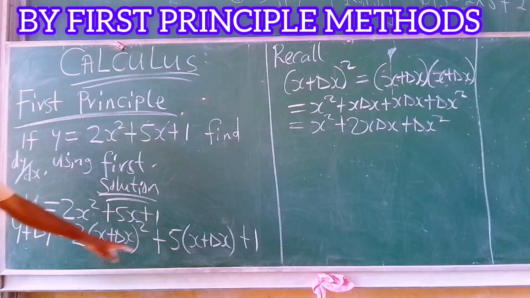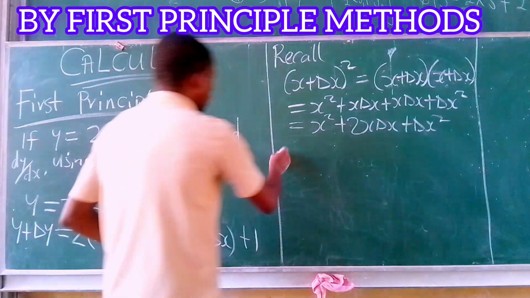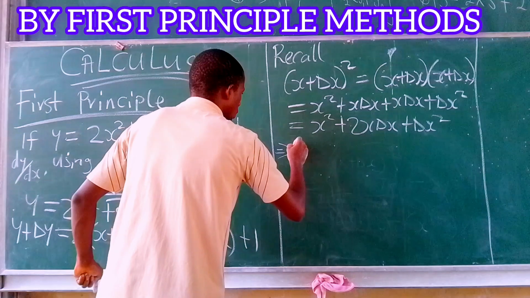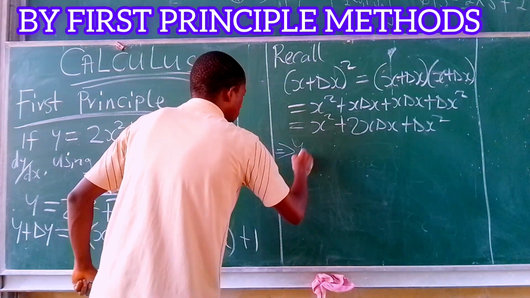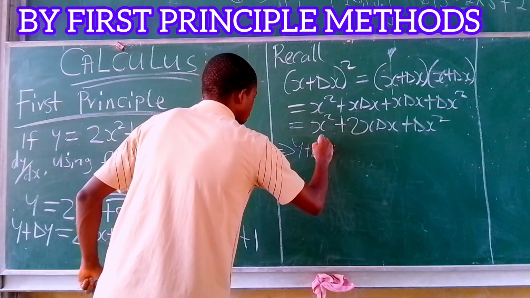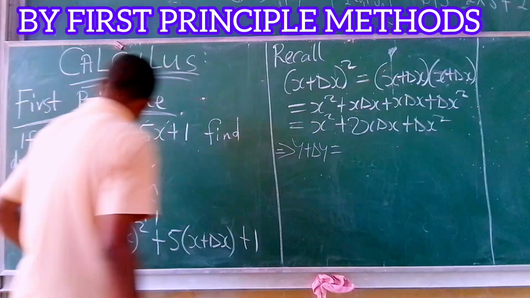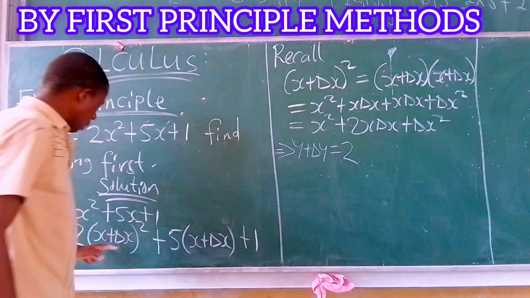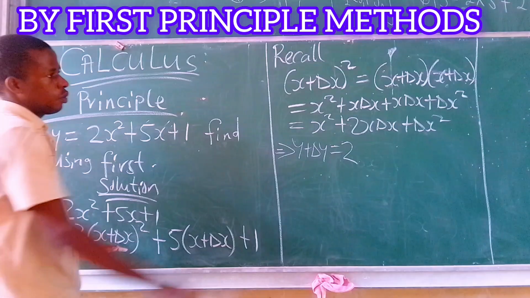Now let's put it into the function. So it implies that from here, our y is equal to, we have 2 here. Now we already expanded this x plus δx squared by this.